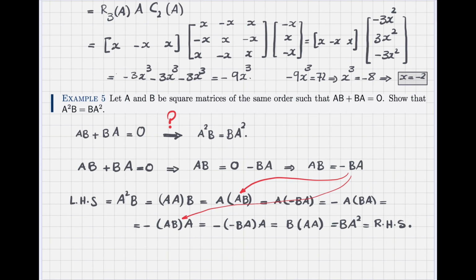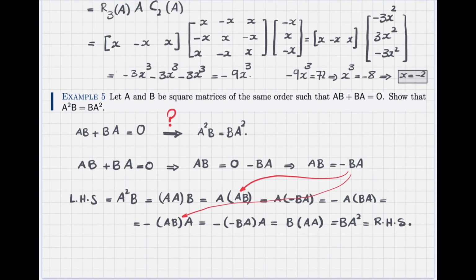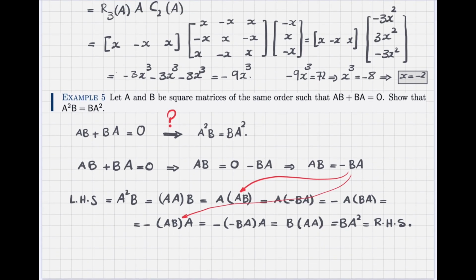So you see, it's very instructive to learn how these algebraic properties of matrices are actually working all the time. Of course, if you want to do it, let me just solve this with a different color. So you might say that, okay, I want to solve this problem in this way.